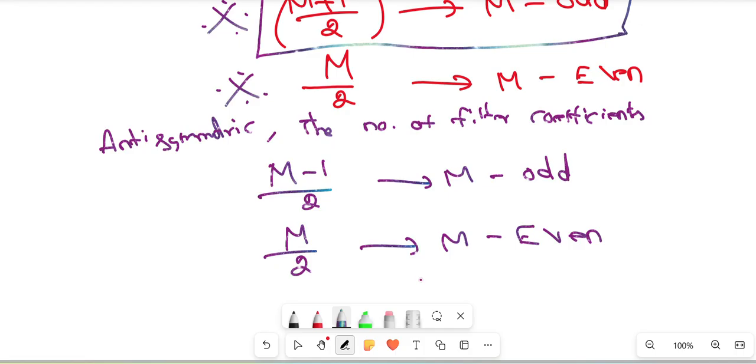So, depending upon the application, you can choose a symmetric or antisymmetric unit sample response. Clear?